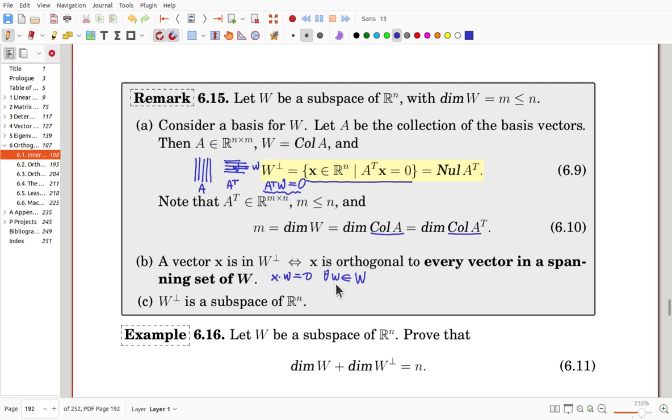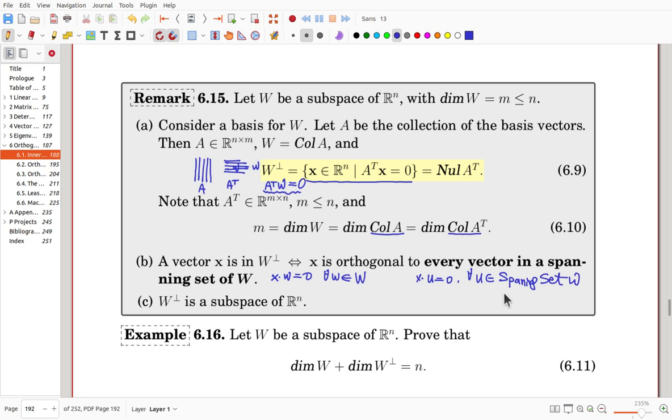Now, rather than every vector in W, if W has a spanning set, then every vector in the spanning set, for example x dot u equals 0, for every u in the spanning set.